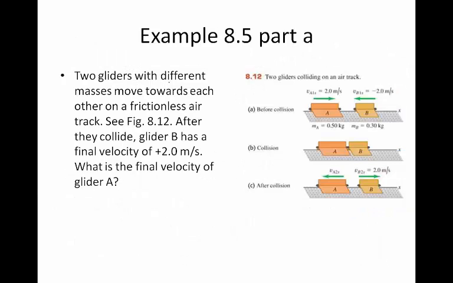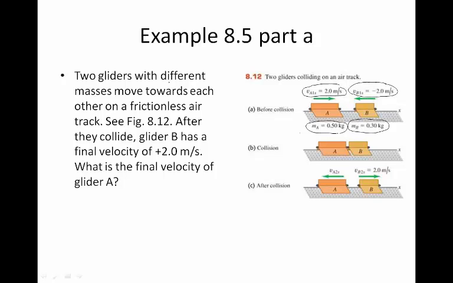Yes, we can try example 8.5 part A here in the presentation, so you get a sense for how these equations come together. So you have two gliders sliding on a frictionless air track towards each other. Our figure here tells us the initial velocities of both gliders, and the masses of both gliders.